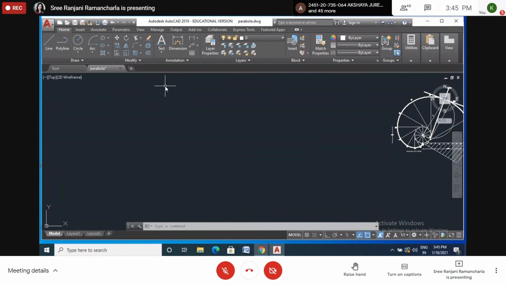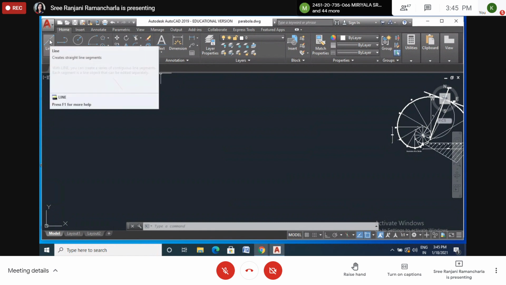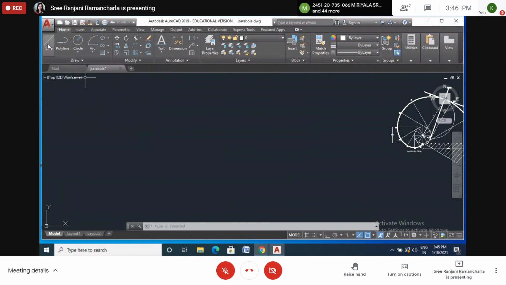Now please draw the 10 centimeters line with the scale.